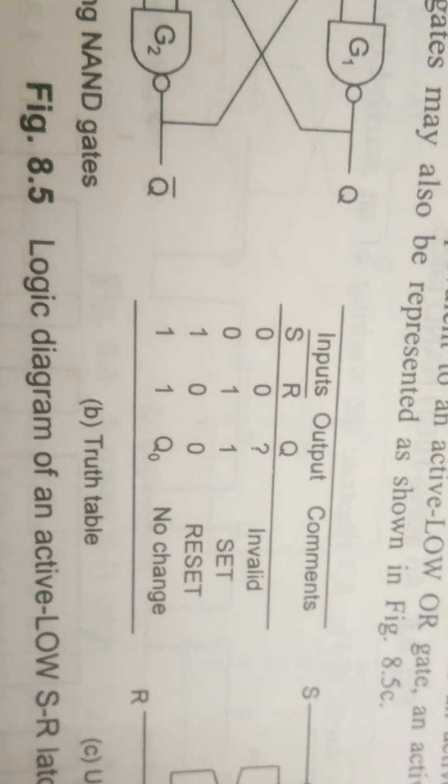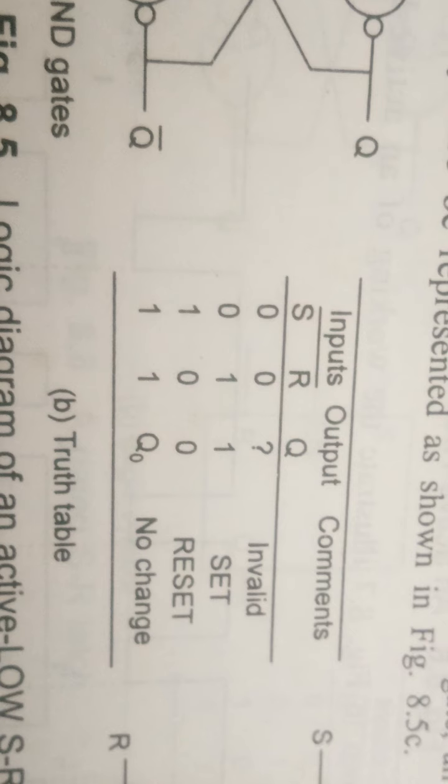Inputs 0 0 will provide us the invalid condition or forbidden condition. 0 1, then output will be set, and 1 0, then output will be reset, and in case of 1 1, the Q0, that is the previous output, will be obtained, meaning no change has occurred.